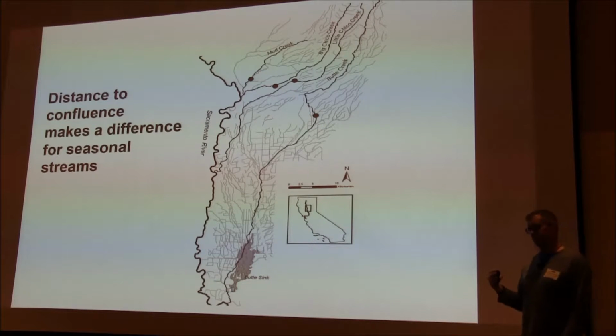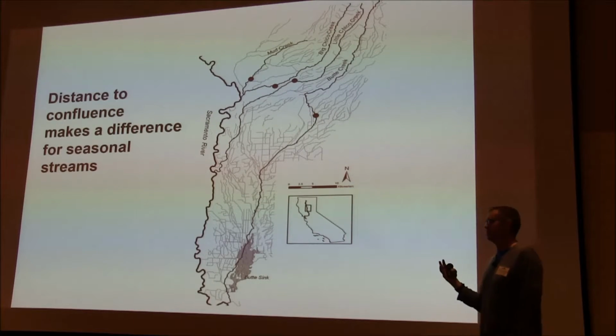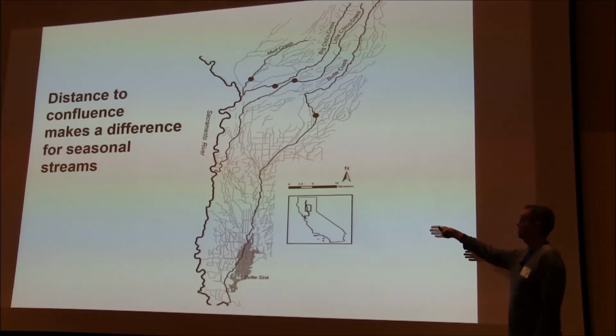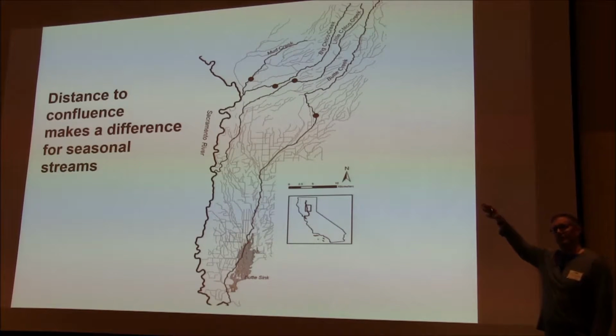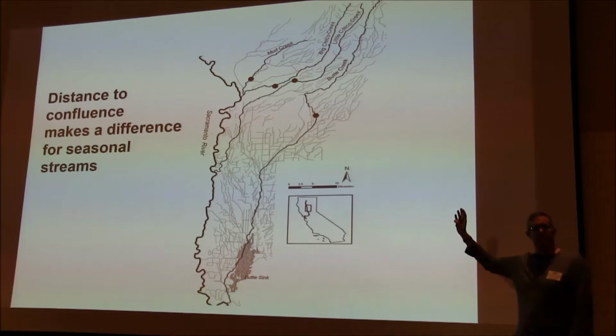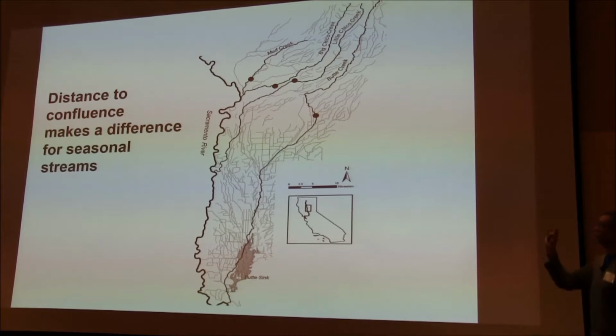And we couldn't disentangle the effect that we were seeing with the distance to the confluence. Where we sampled Little Chico Creek was a long way up this small tributary, and so it's a long distance for the fish to get to. So that's confounded. But Mud Creek did jump out at us.